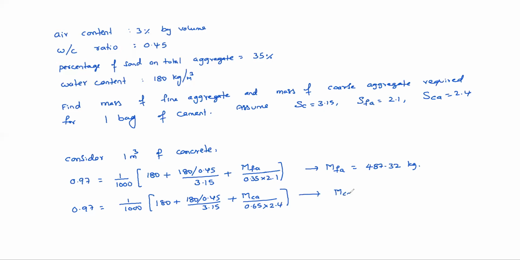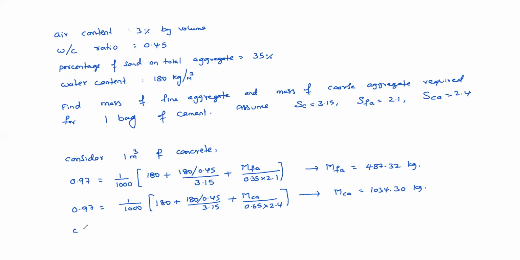Mass of coarse aggregate equals 970 minus 180 minus 180 divided by 3.15 into 0.45, equal to mass of coarse aggregate divided by 0.65 into 2.4. That is 1034.30 kg.